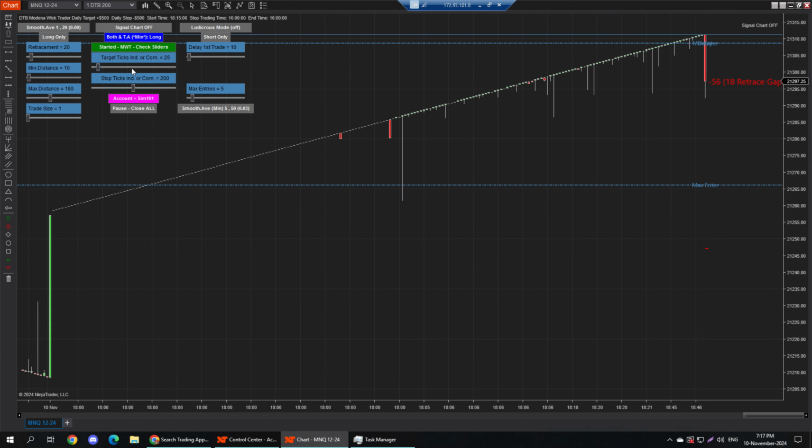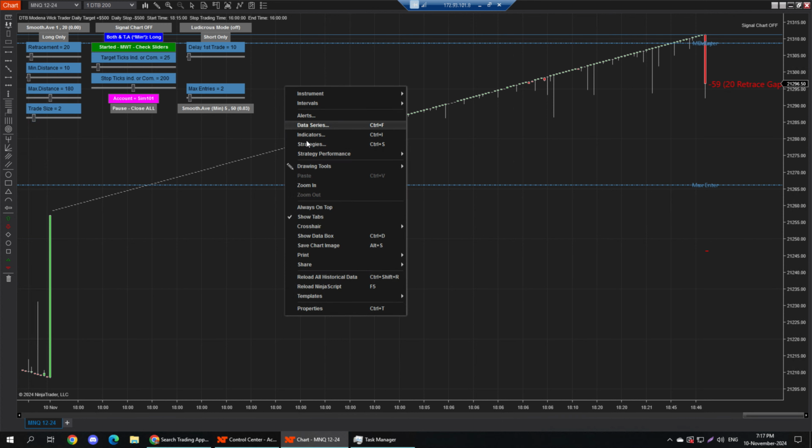So whatever you adjust over here will immediately take effect in the strategy. Same with the minimum distance, the maximum distance, the trade size. You might want to change the entries per direction. You might say, I only want to enter 2 entries, but I want all trades to be size 2. Then that'll update in the settings.